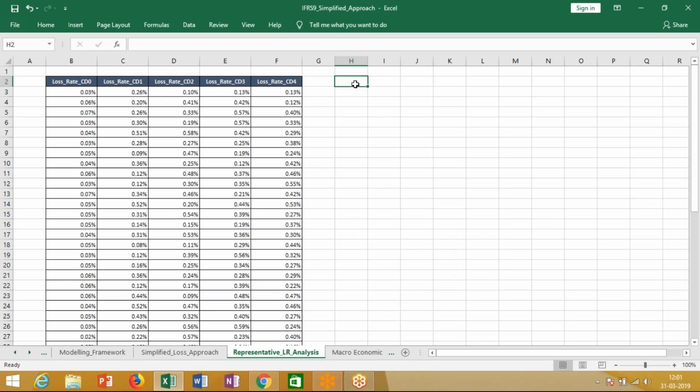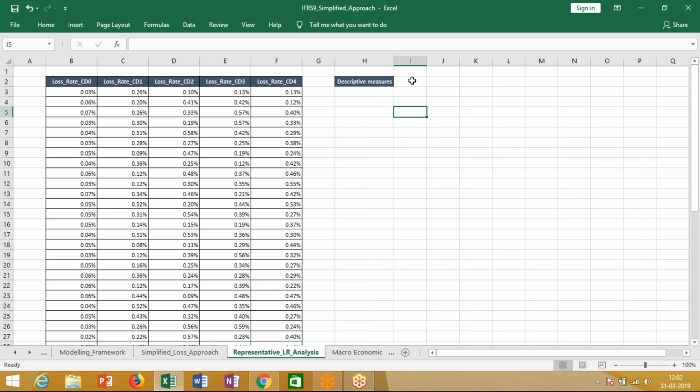Okay, so first is the descriptive measures. Over here we have the loss buckets.